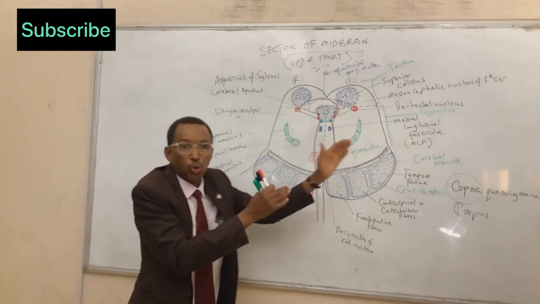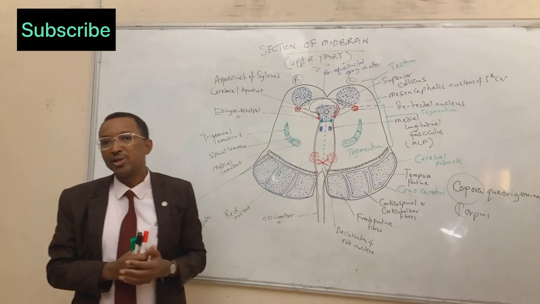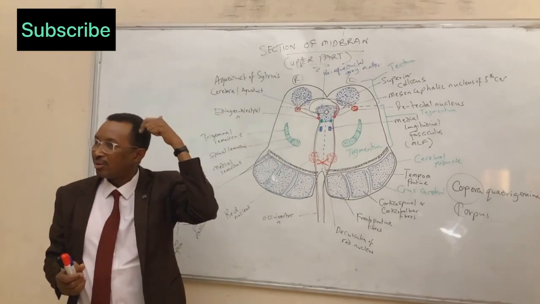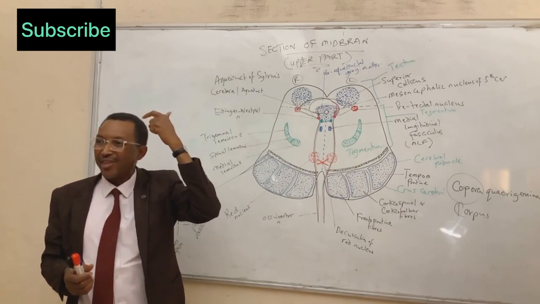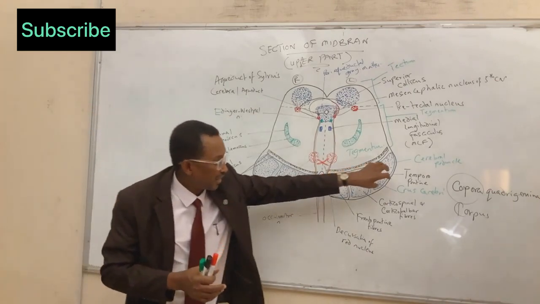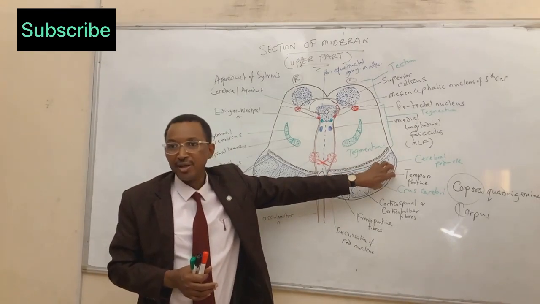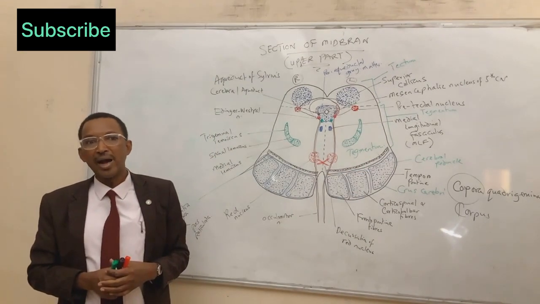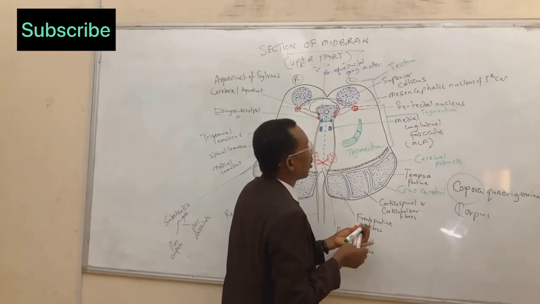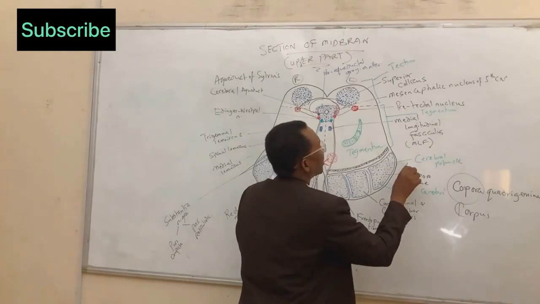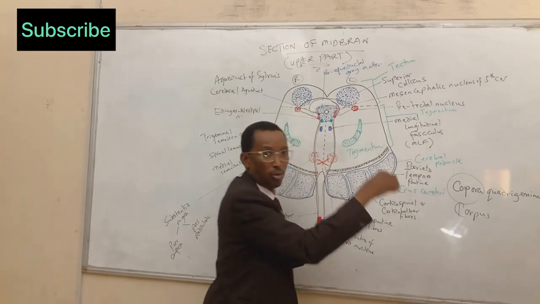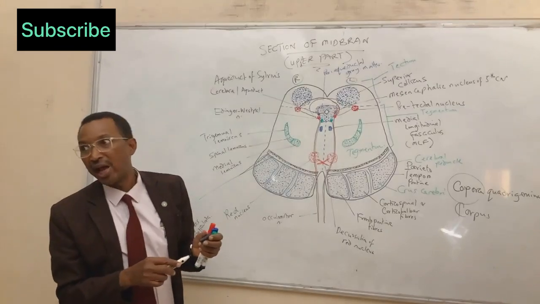So fibers coming from the parietal and temporal parts of the cerebral cortex bundle together in the lateral part of the crus cerebri. So here we have what we call parieto-temporopontine fibers. Are you clear?